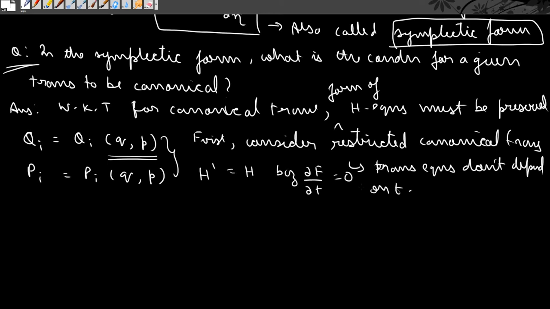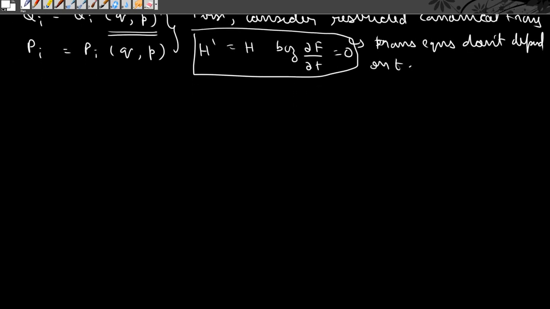This condition is what simplifies the math when we consider the restricted canonical transformation, and that is the reason why we are considering this case first.